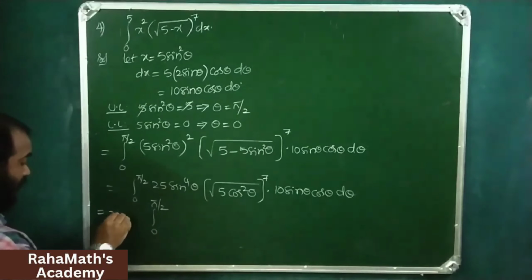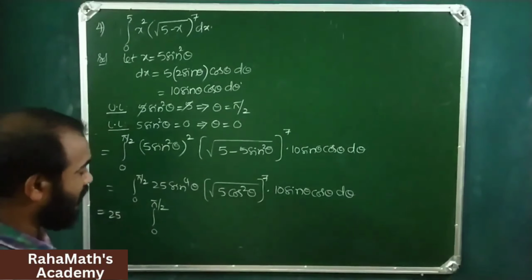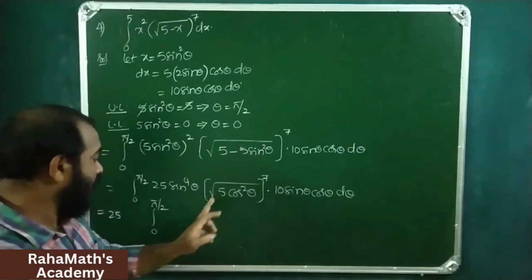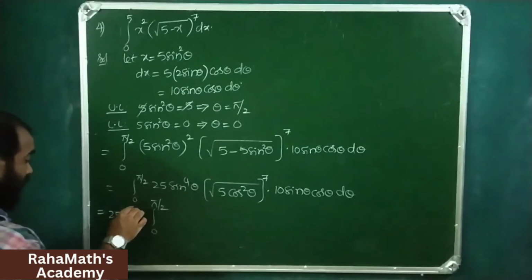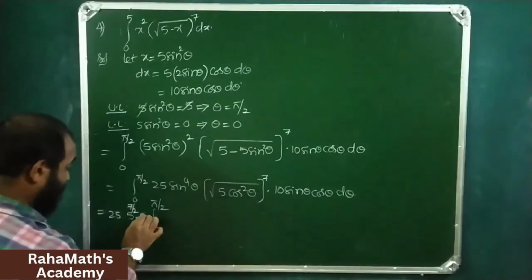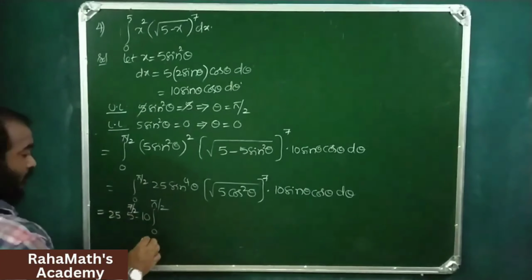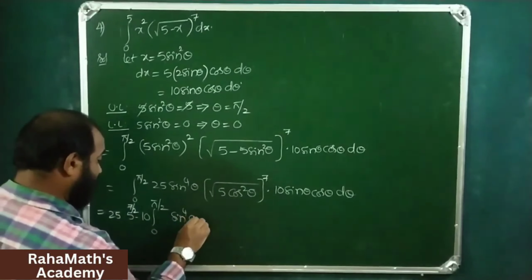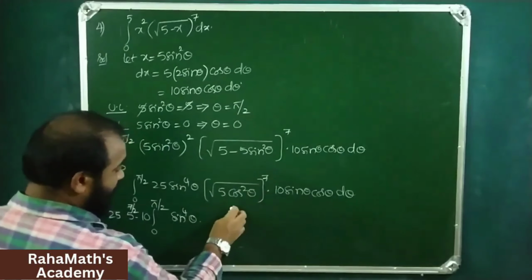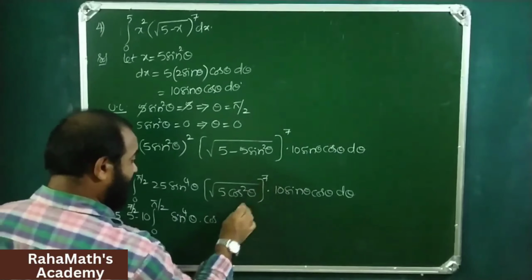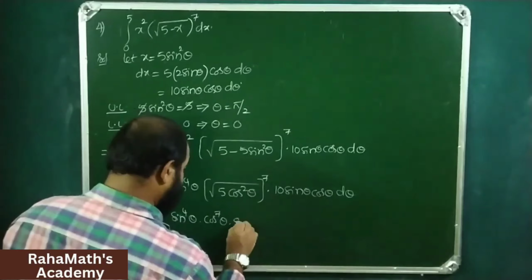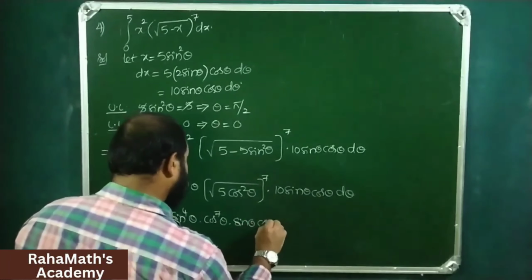This is 25. I am separating the constants from the process of integration. This is 5, root 5 whole power 7 is 5 power 7 by 2, into 10, integral 0 to pi by 2 sin power 4 theta. This is cos square theta, the square root gets cancelled. I am left with cos power 7 theta into sin theta cos theta d theta.